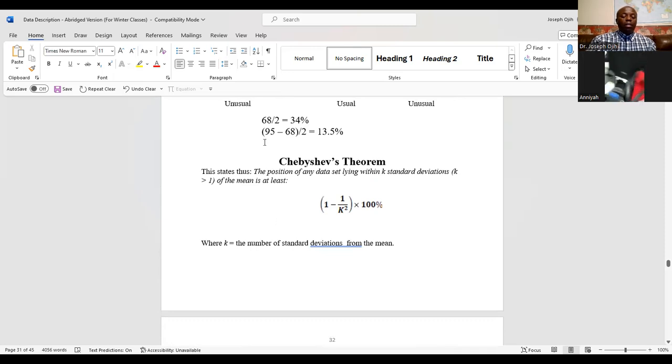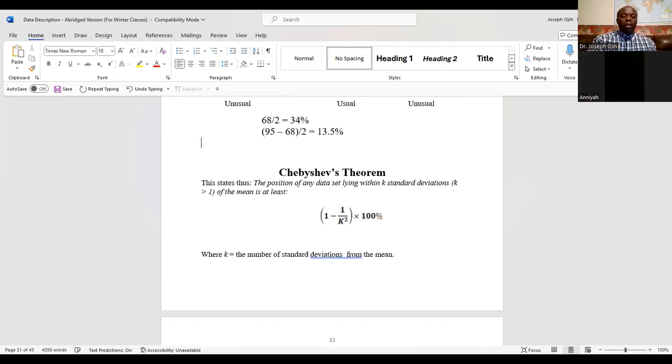Since we have already gotten 95, we do 99.7 minus 95, divided by 2, because it's two sides, the left side and the right side.